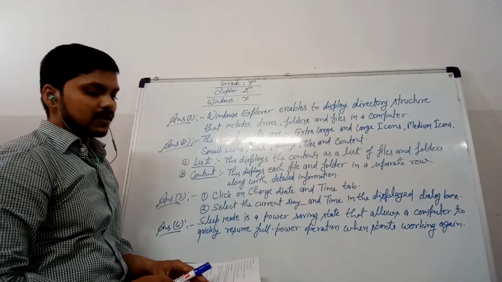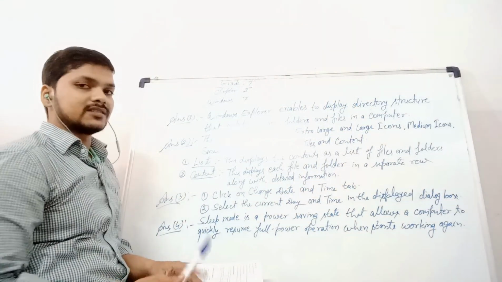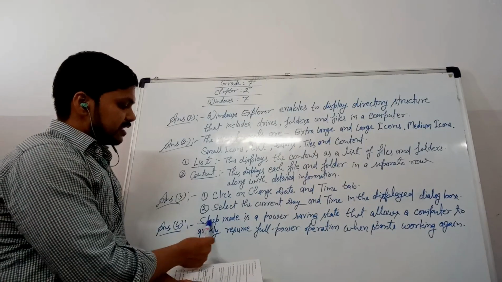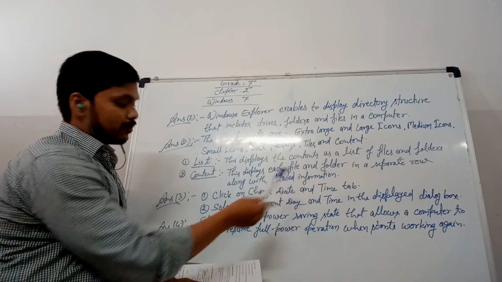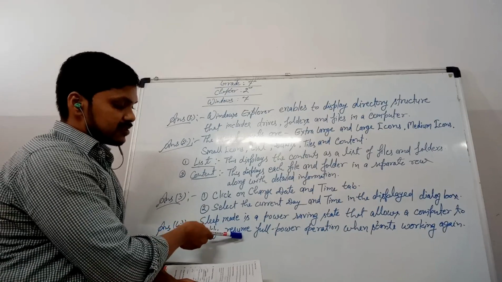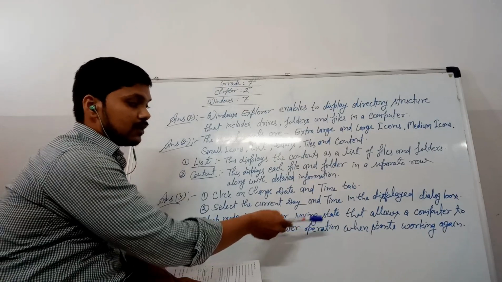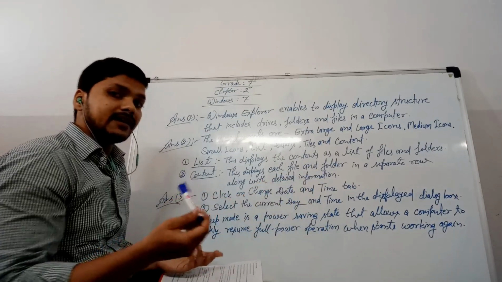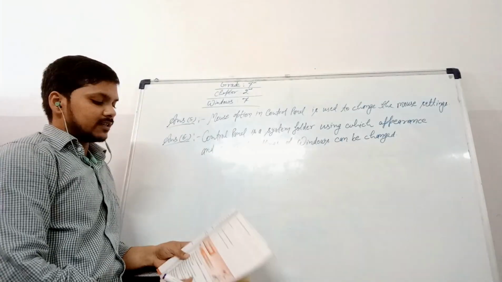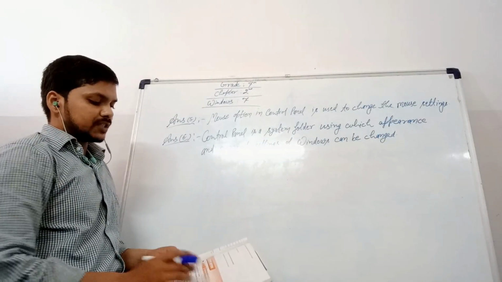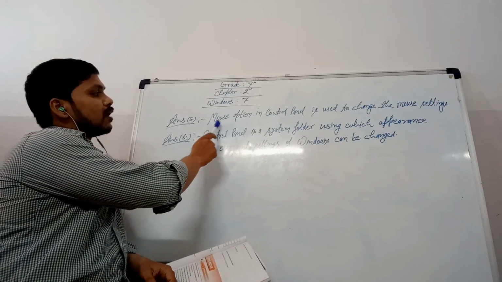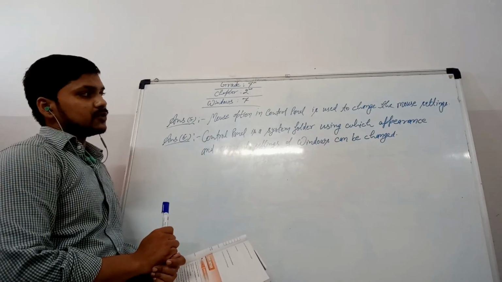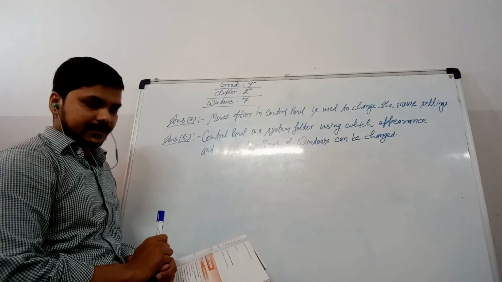Now fourth question is, what is sleep mode? That is very easy. The answer is, sleep mode is a power saving state that allows a computer to quickly resume full power operation when it starts working again. And now the fifth question is, which option is used to change the mouse settings? The answer is here, the mouse option in control panel is used to change the mouse settings.